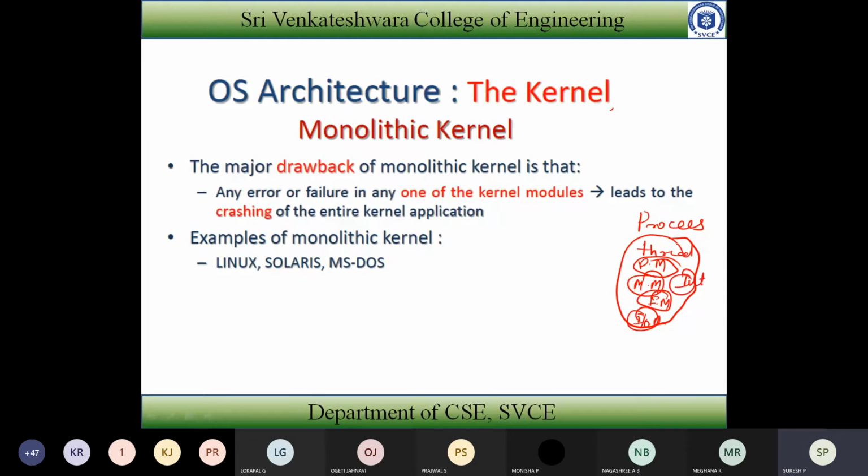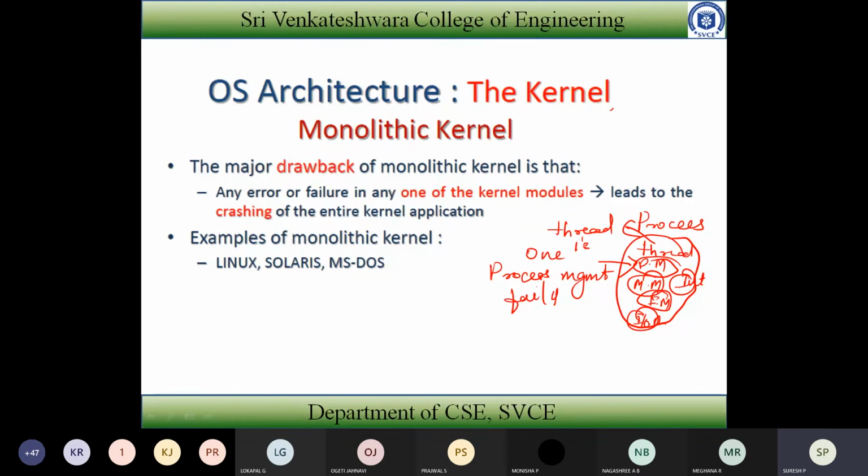These are running in a single thread only when you have the monolithic kernel. The problem is if any one of the kernel modules fails, even if process management fails, then what will happen? The entire process will be terminated. The entire thread will be killed, so the thread is spoiled.